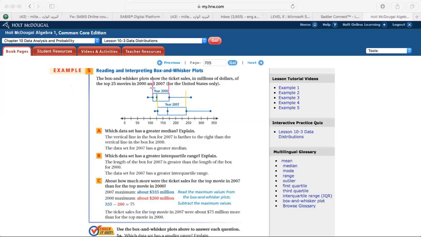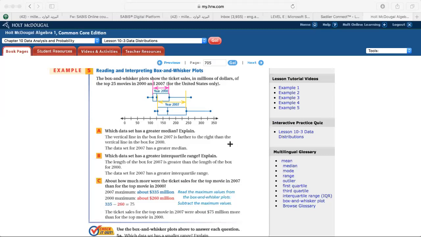Here comes the pink one, and here comes the yellow one. Which difference is greater? Of course, the yellow one. So the length of the box for 2007 is greater than the length of the box for 2000.